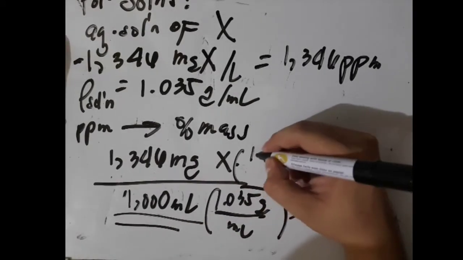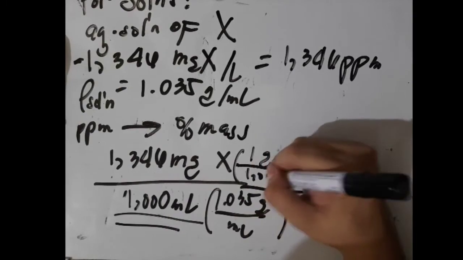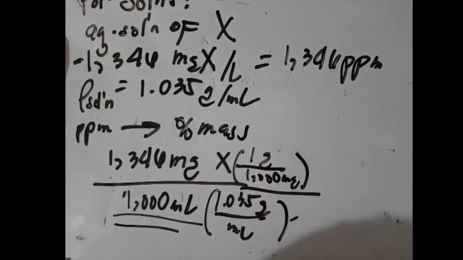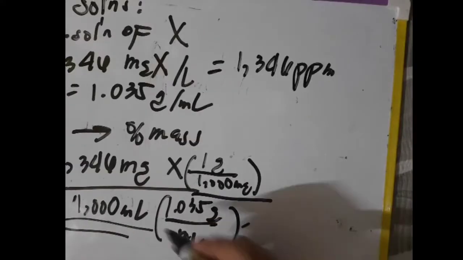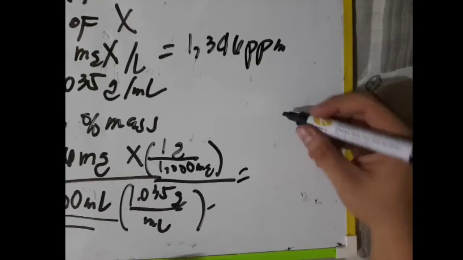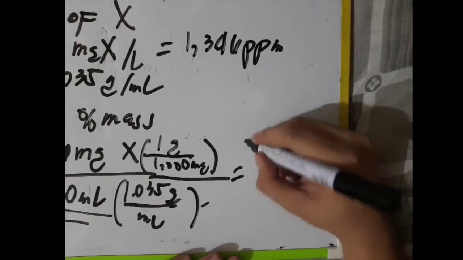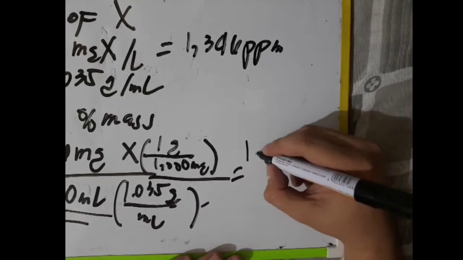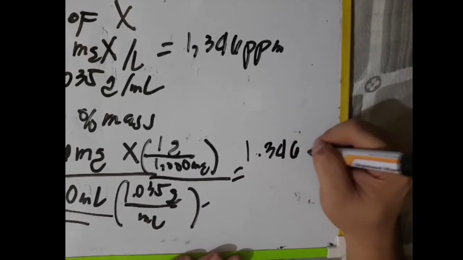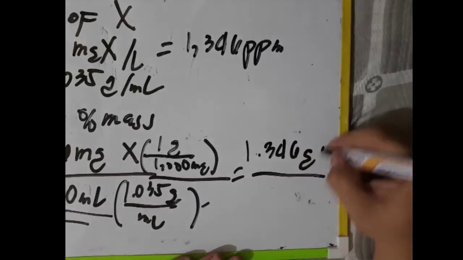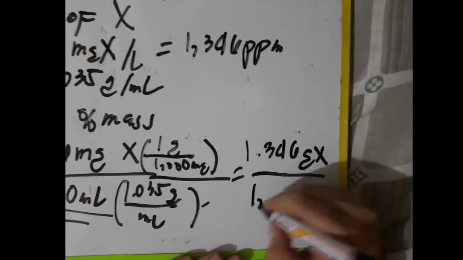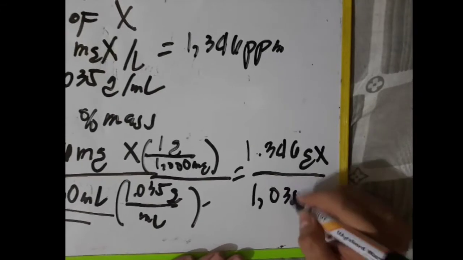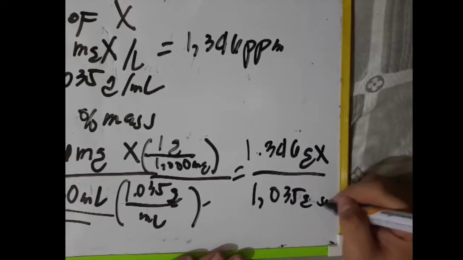So 1 gram is equal to 1,000 milligrams, so that will give you 1.346 grams of X is present per 1,035 grams of the solution.